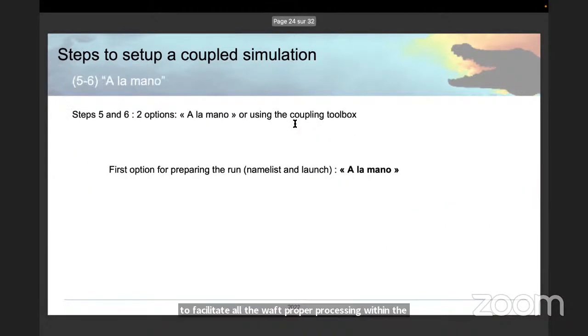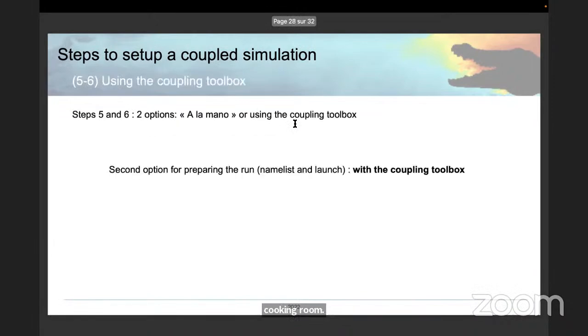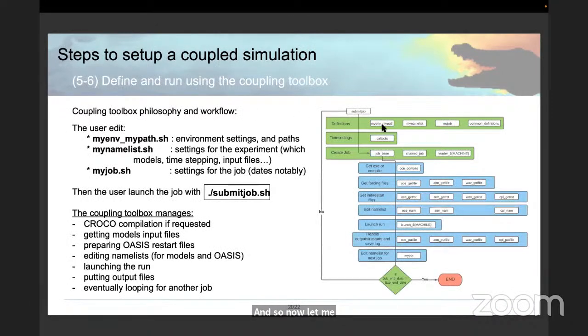And so now let me introduce the coupling toolbox, which is this. As I said, we have the my-of-my-path in this coupling toolbox, which is useful, but we also have two other files that you need to edit. This is the my-name-list file, and this gathers all the settings you need for the experiment. Which model are you going to use? What is the time stepping?